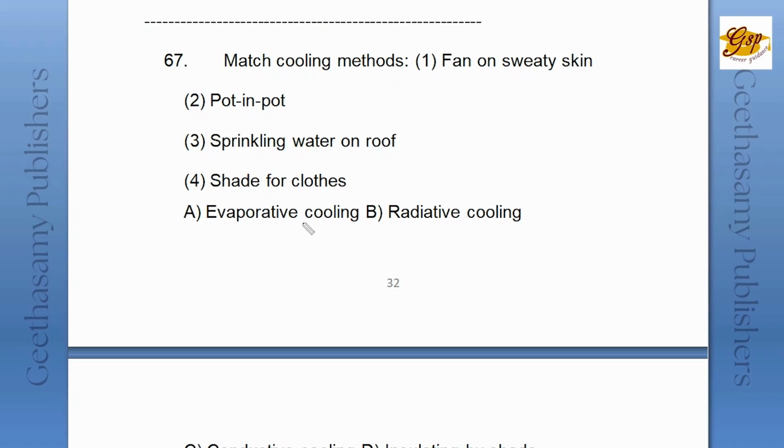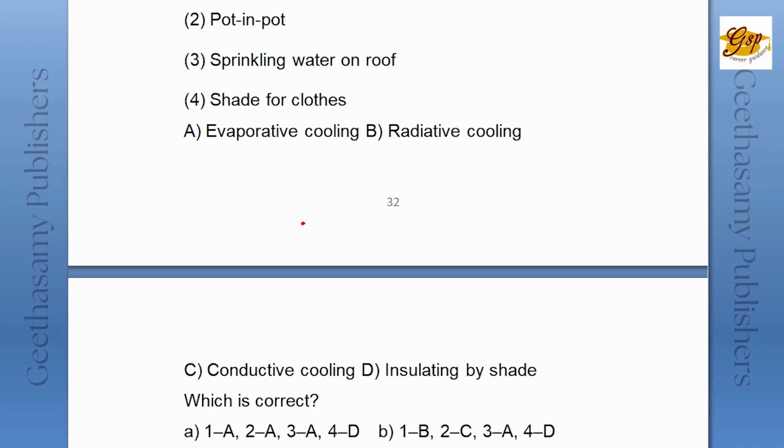Pot in pot is evaporative cooling, sprinkler water is again evaporative cooling, and finally the shade for cloth is D, that is radiative cooling. So all are A except D. So the fourth one is D, the answer.